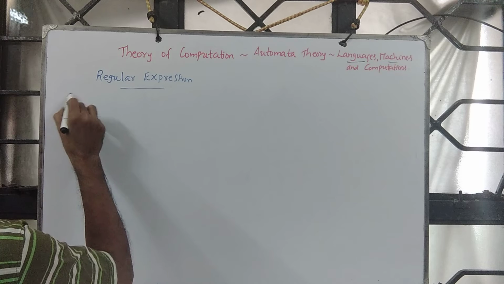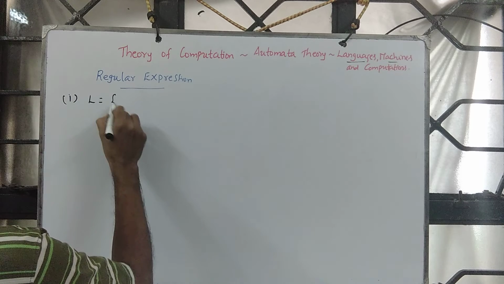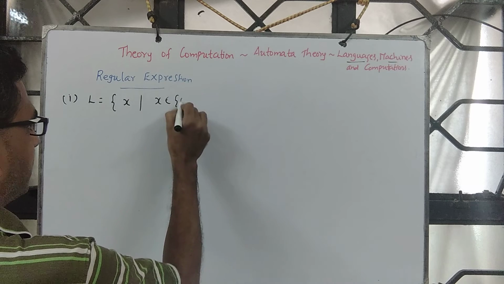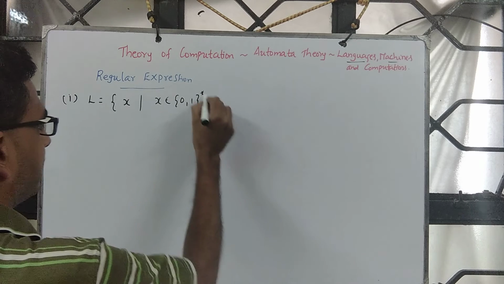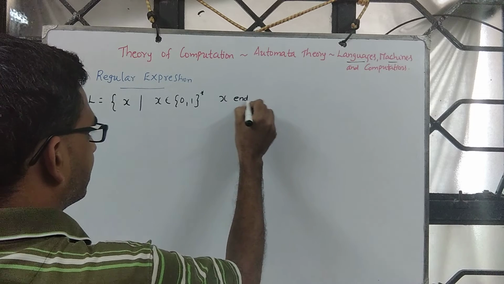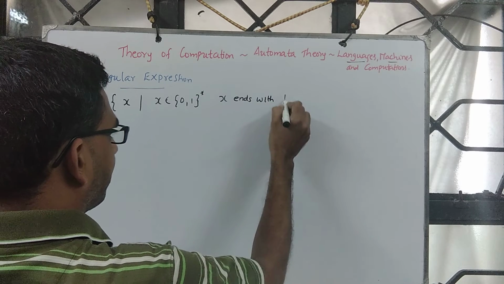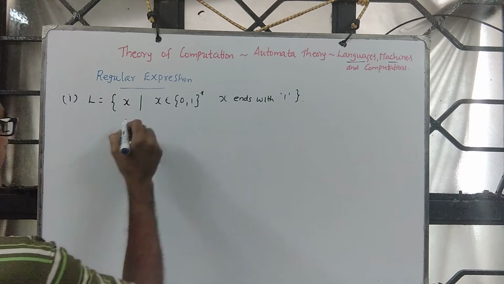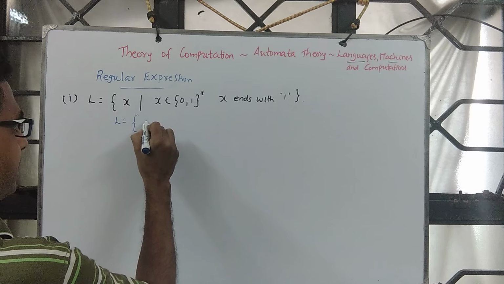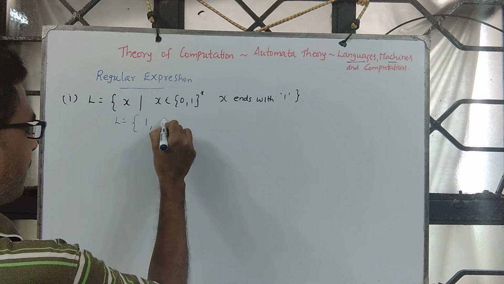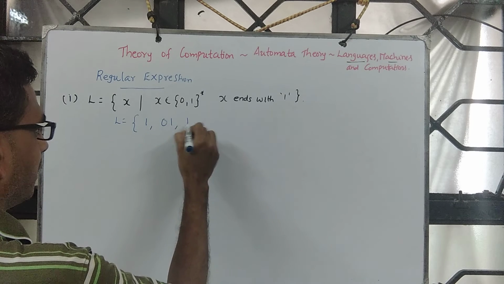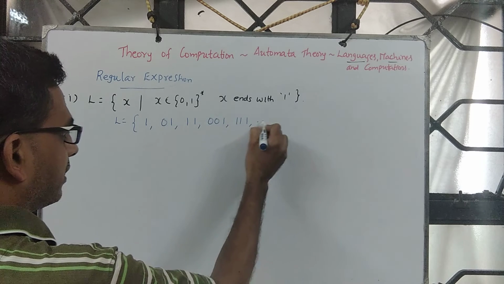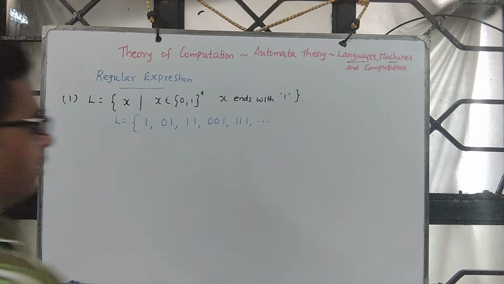Consider this language consisting of the set of x such that x is over {0,1}* and x ends with 1. So if you look at the set L, it consists of strings like 1, 01, 11, 001, 111, like this.